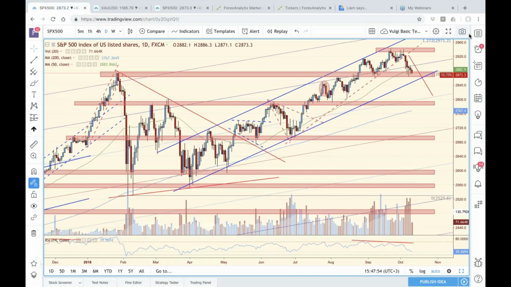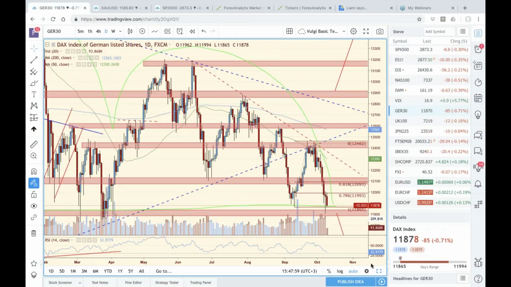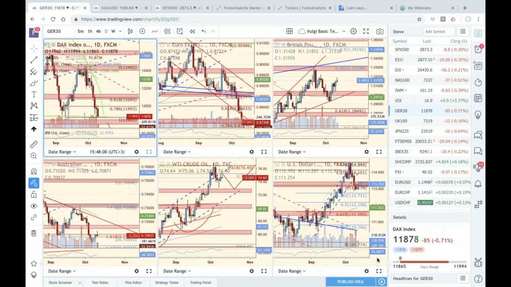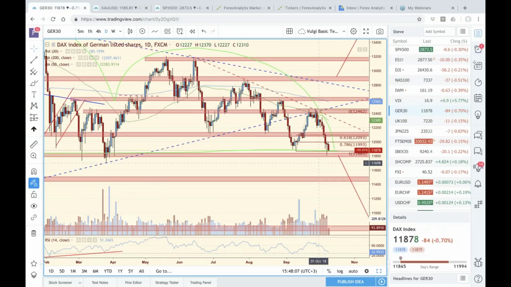Now, the other interesting thing is how viciously the key level of 11,800 was defended yesterday in the DAX. Yesterday we were seeing very, very bearish price action in the DAX. We tested to the pip the 11,800 zone, which we've talked about over and over and over again.